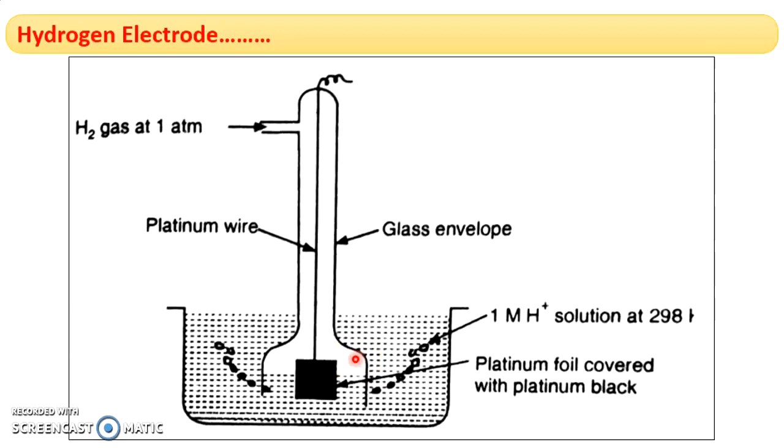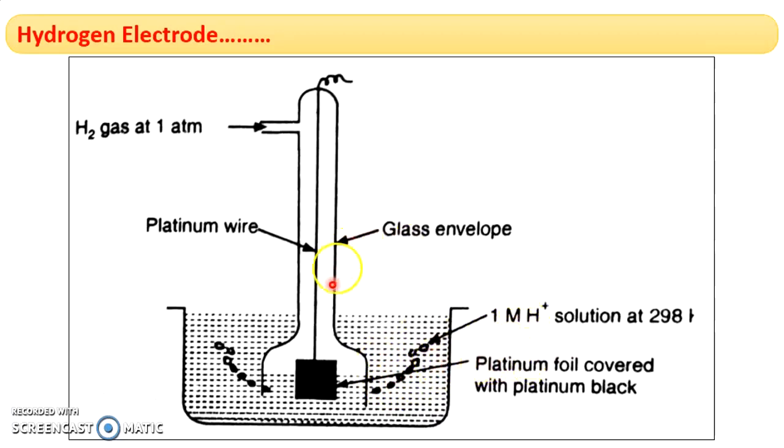While it is used as the primary reference electrode, we have to maintain the standard conditions. The standard conditions are pure hydrogen gas at 1 atmosphere pressure, the concentration of the electrolyte at 1 molar H plus solution, and temperature 298 Kelvin.